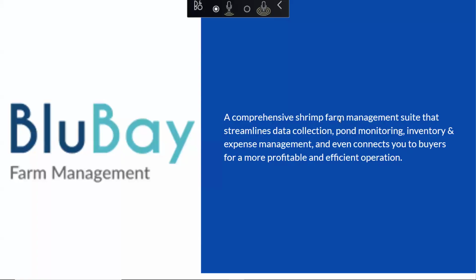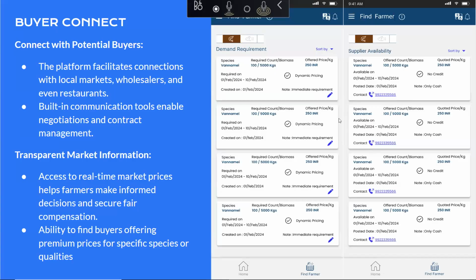Buyer Connect is a feature we have recently launched, just in 3 months. We have onboarded around 5 buyers or exporters, and the same farmer base is using this, and they are able to make deals.